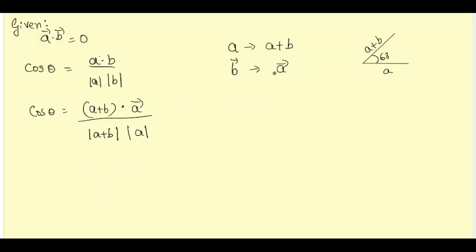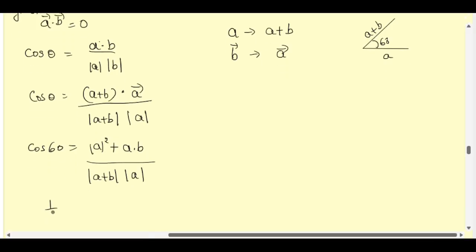Theta is 60 degree, so we can write cos 60 equal to A into A is A square plus A into B is A dot B divided by magnitude of A plus B into magnitude of A. We know A dot B is 0, so this will be 0. So cos 60 is half.